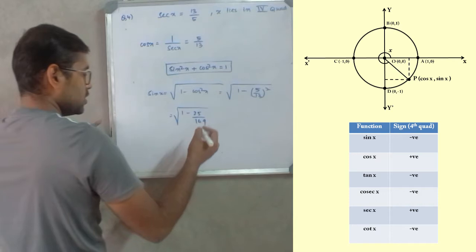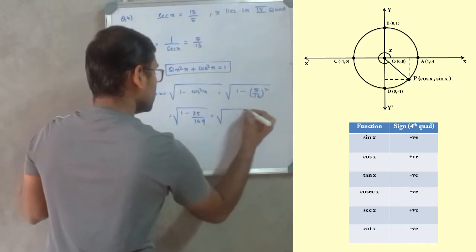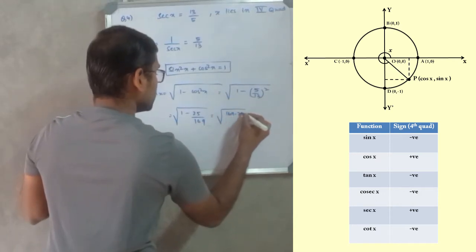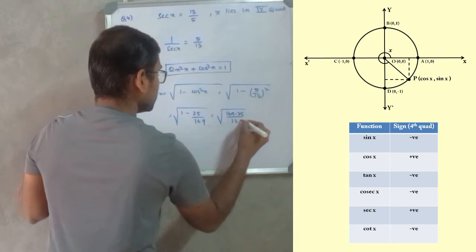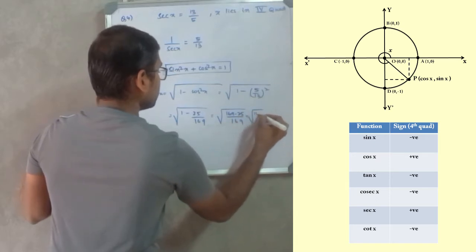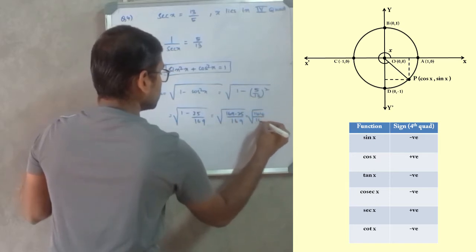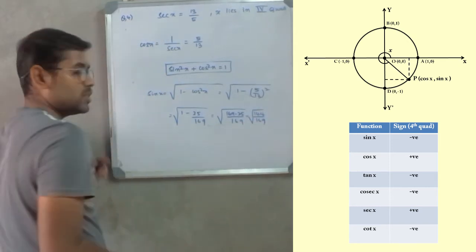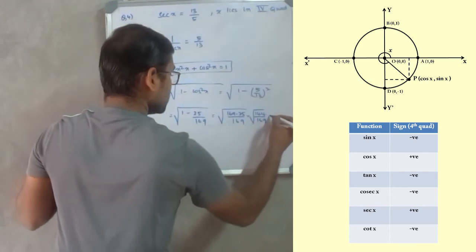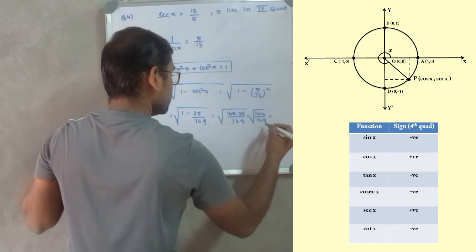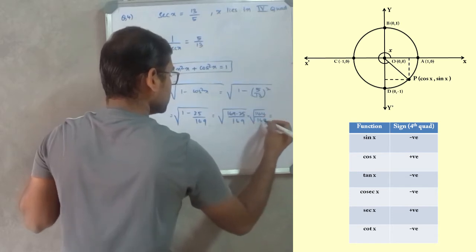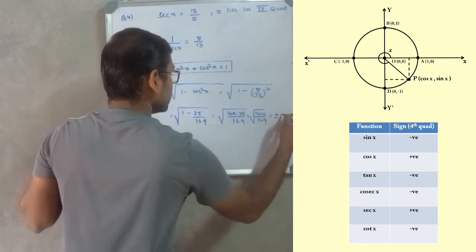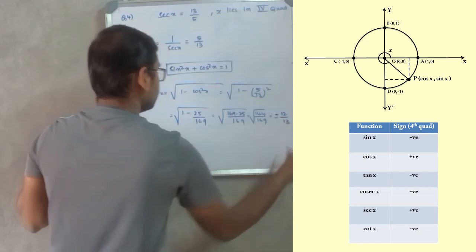So square of 13 is 169, which will be 169 minus 25 divided by 169. So this will be 144 divided by 169. So 144 is square of 12 and 169 is square of 13. So under root 144 divided by 169 is equal to plus or minus 12 by 13.